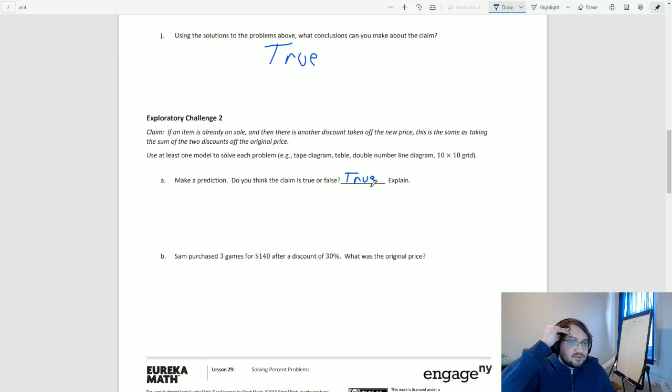If I have two discounts, I should just put those discounts together, and it should get me the same discount because they're both off. They're both discounts. Why shouldn't they be included?